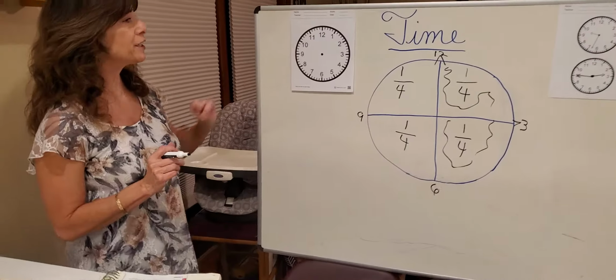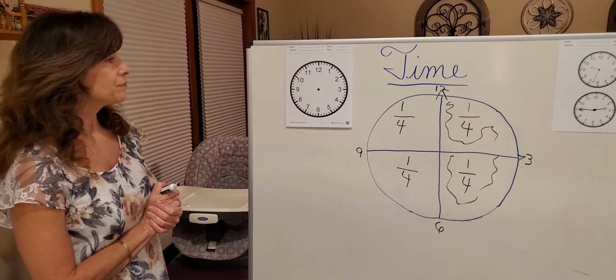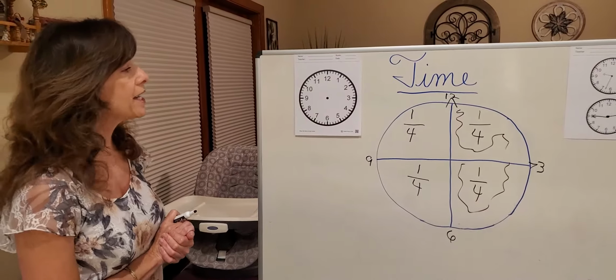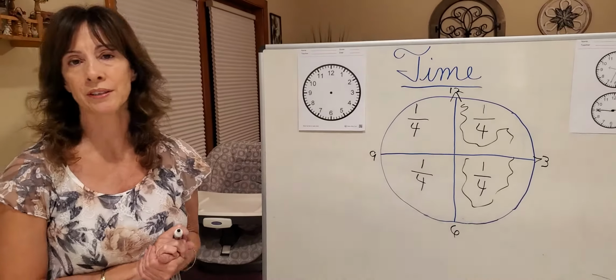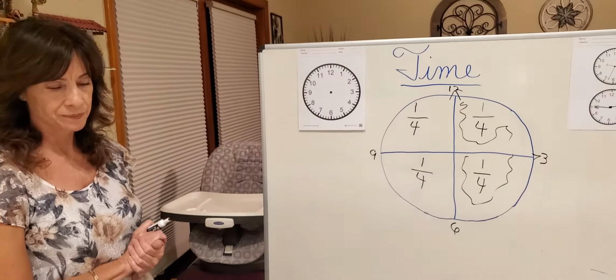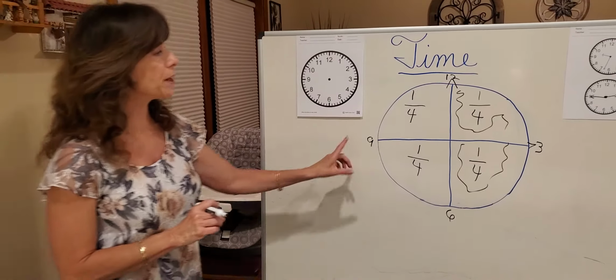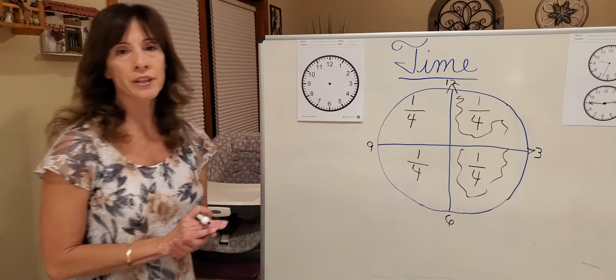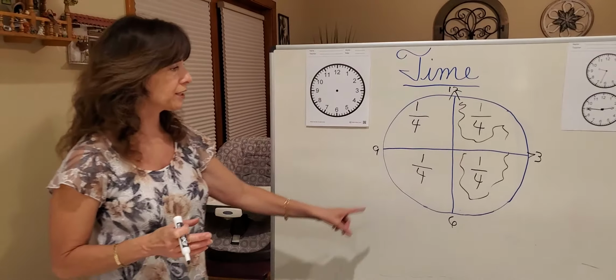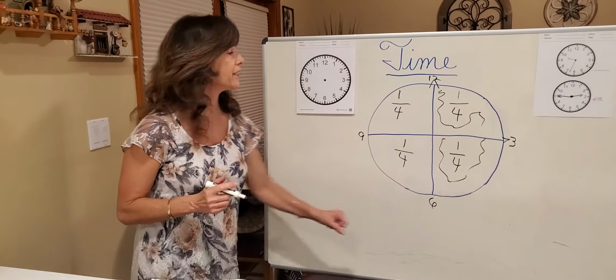Now what I would like you to do is draw the hands for 4:30. See if you can draw the hands on your big clock for 4:30. All right, remember, 4:30 is half of your hour. So the long hand is going to land here.